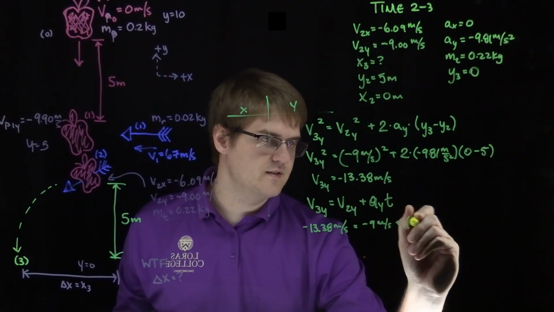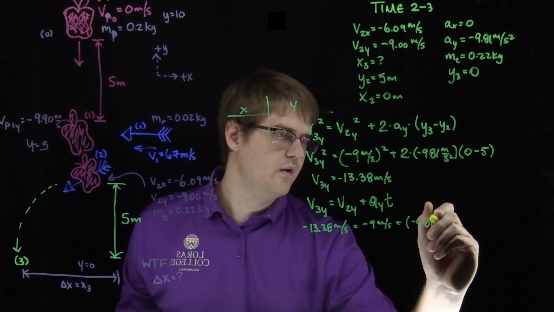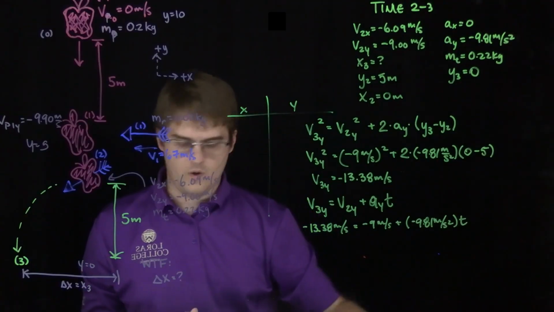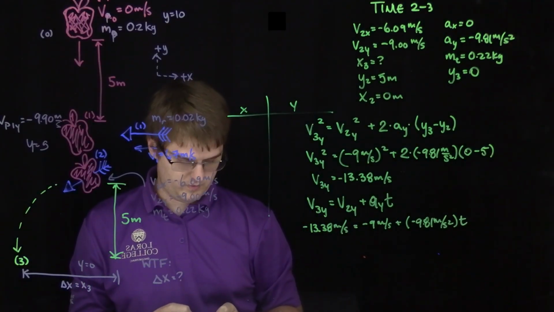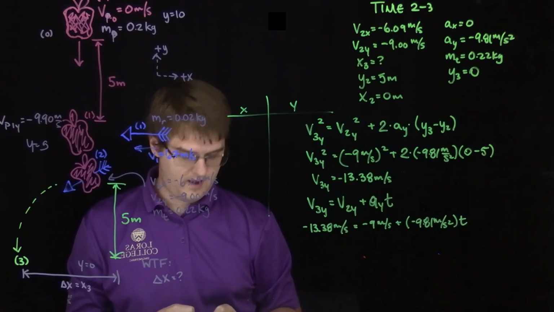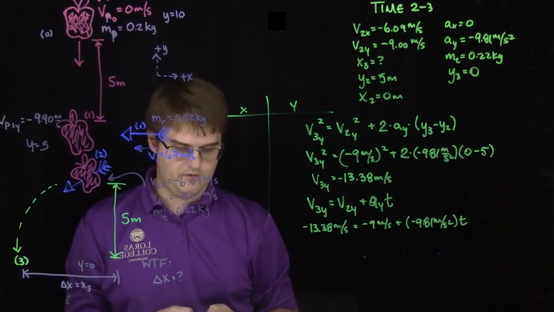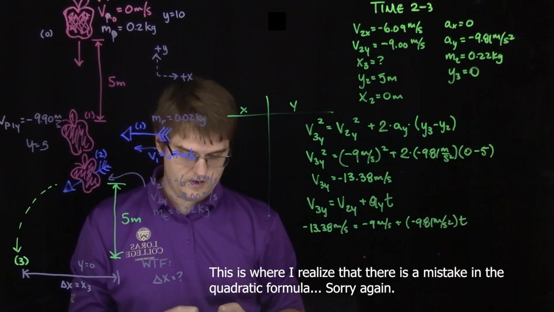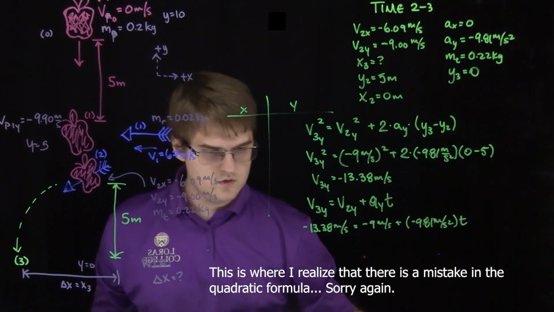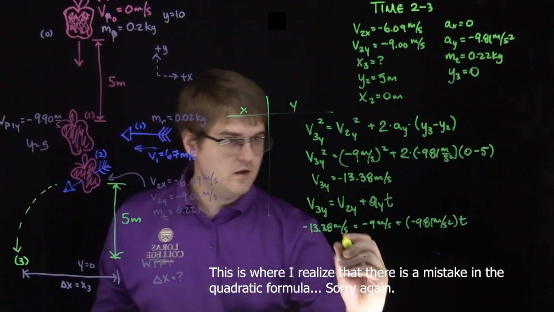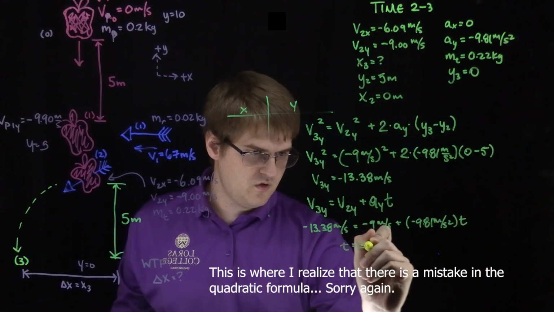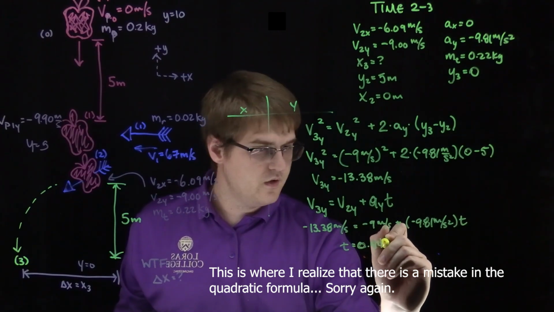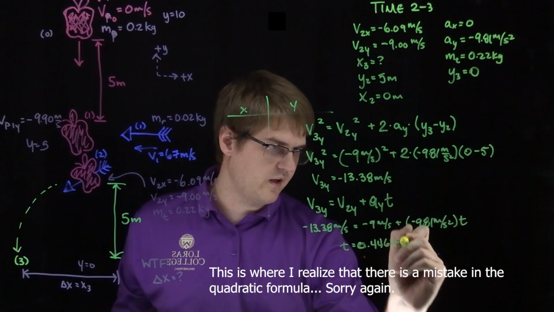And then acceleration is negative 9.81 meters per second squared times my time. So I take that negative 13.38, I add 9 to it. That gives me negative 4.38. I divide that by negative 9.81. That gives me 0.4467 seconds.